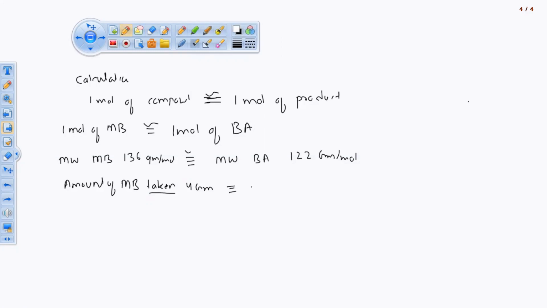So we are going to write x gram of product, or x gram of benzoic acid. Amount of methyl benzoate taken 4 gram. From that 4 gram we have synthesized x gram of product, that is benzoic acid. ये synthesize किया.